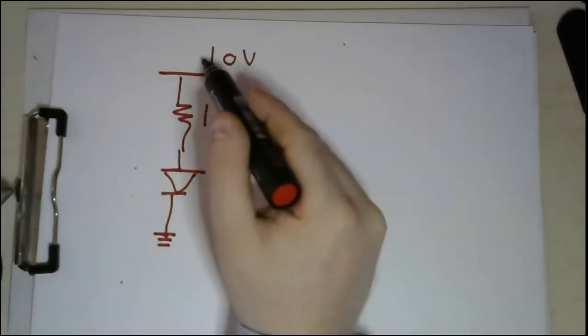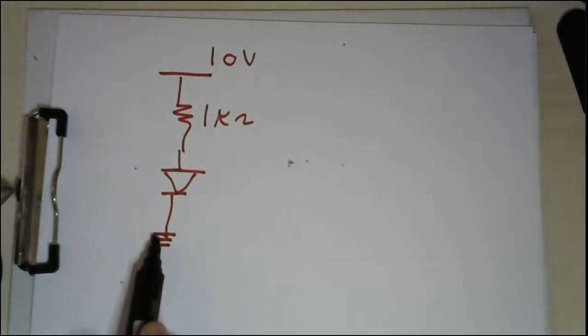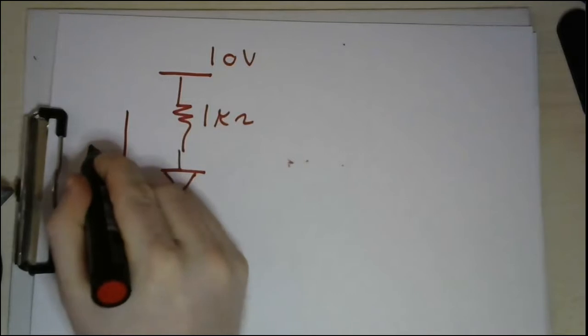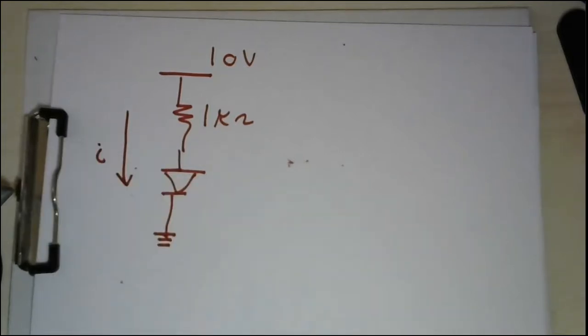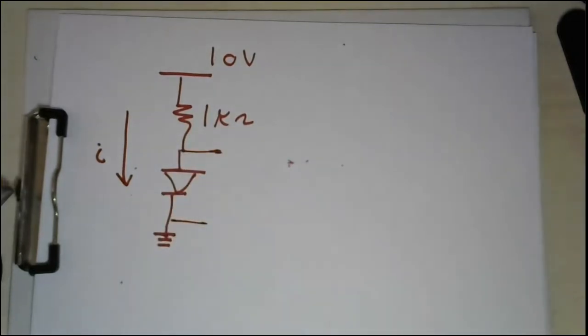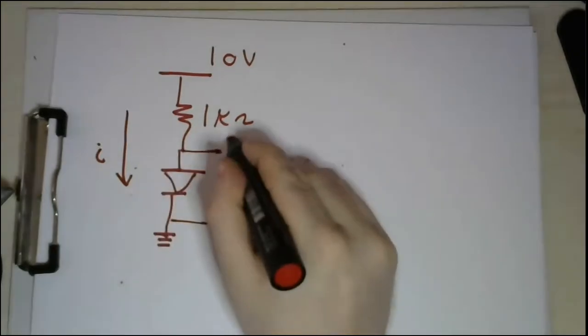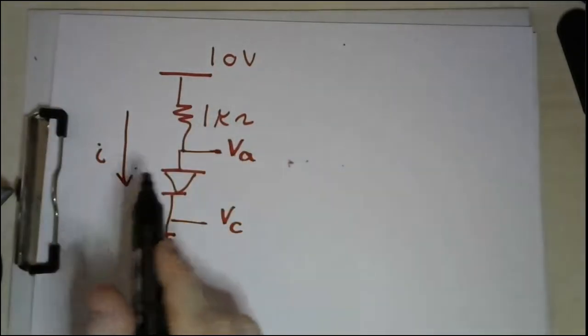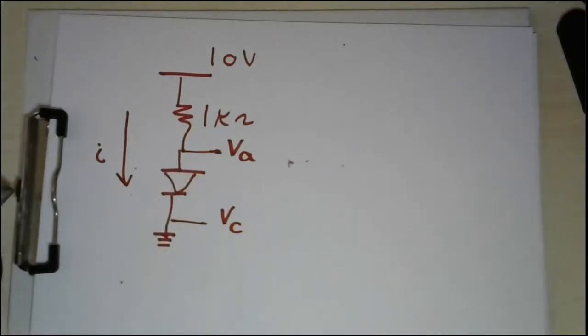This is a high potential node, and this is a low potential node. That means the current is flowing in this direction. This is I. As the current is flowing in this direction, the voltage on the anode is greater than the voltage on the cathode, because current flows from higher potential to lower potential.